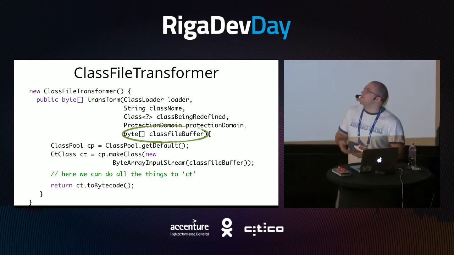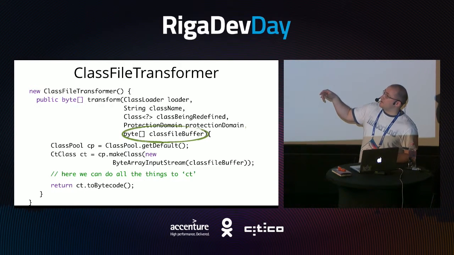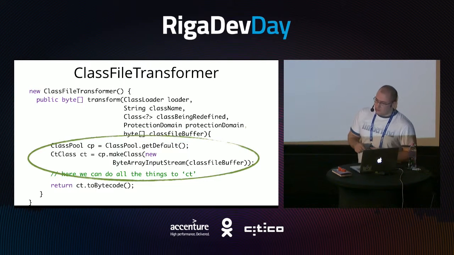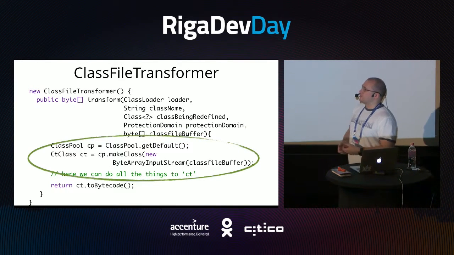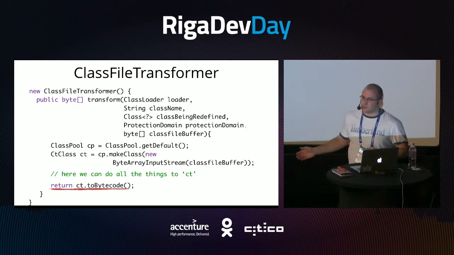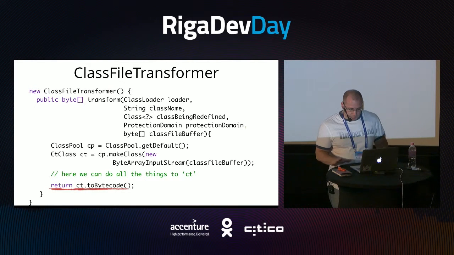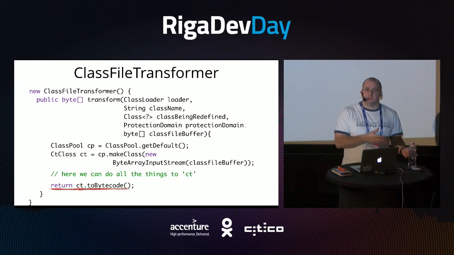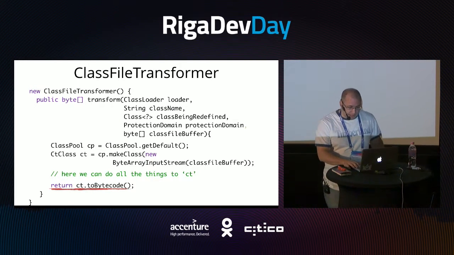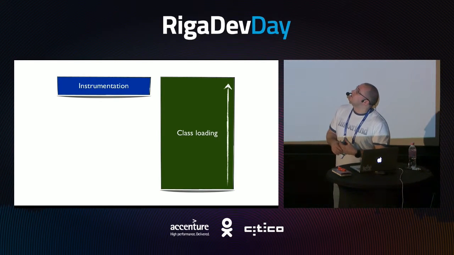In this case, we can use Javassist, create a representation of a class from those bytes, and do all kinds of transformations. When the transformations are done, we can return the new bytes to the JVM. Boom. Our instrumentation is done. The JVM itself didn't know about what happened. And everybody's happy.